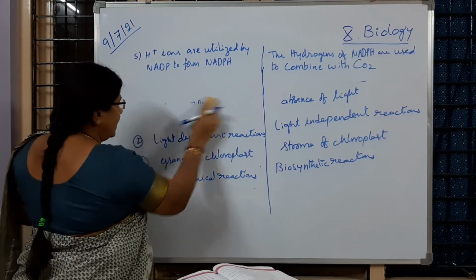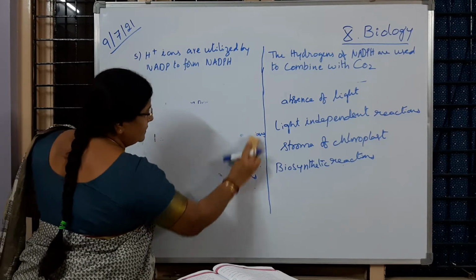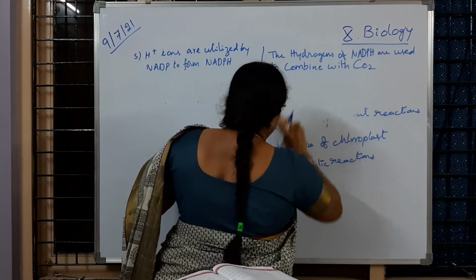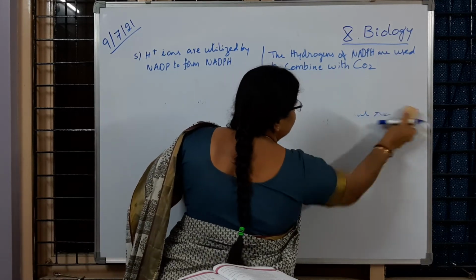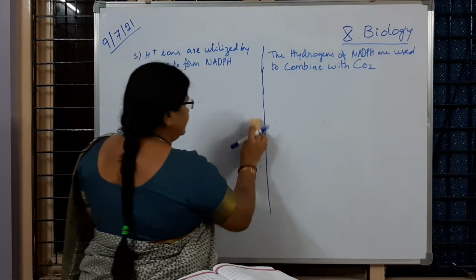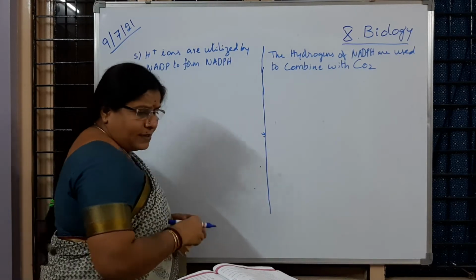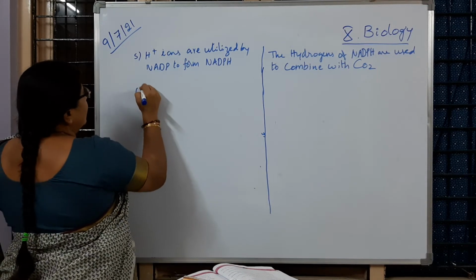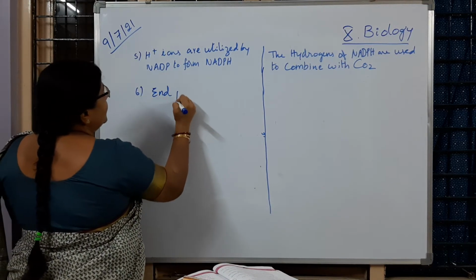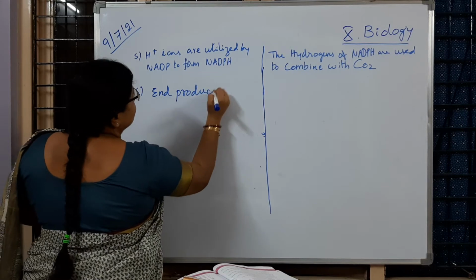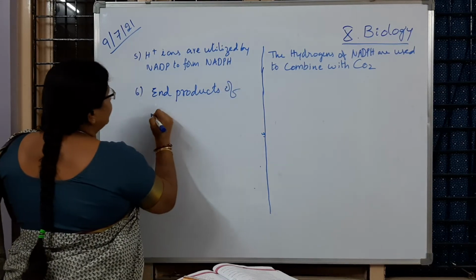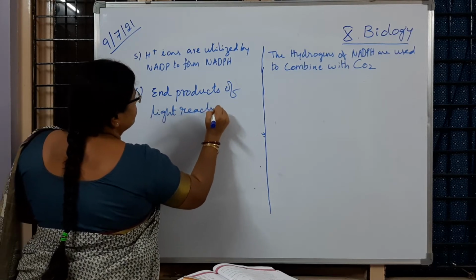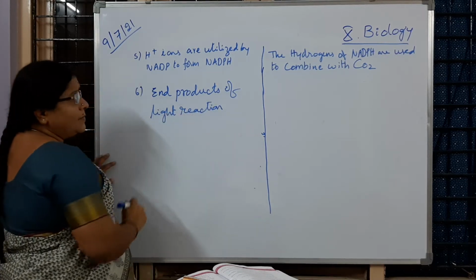Then coming to the other differences. Now what are the end products of light reaction?